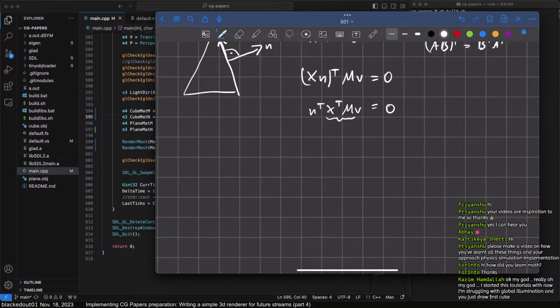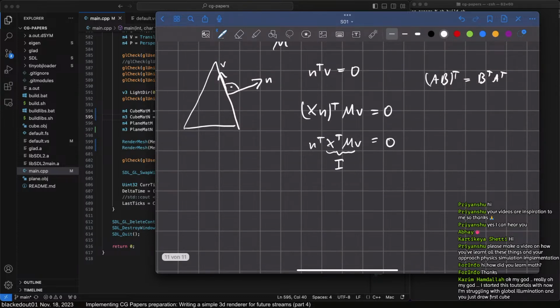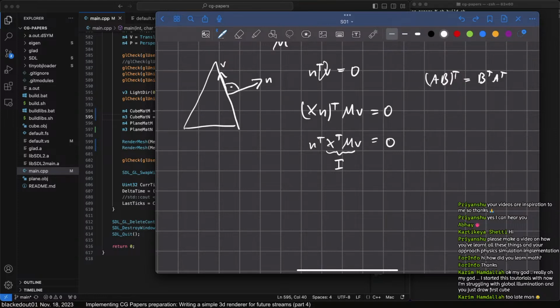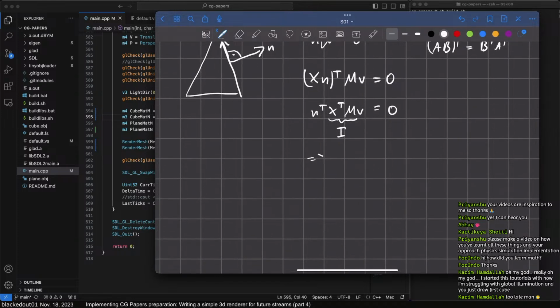So basically what this means is that this should be the identity matrix, because like here, there's nothing in between. So this must be basically nothing. And nothing in terms of matrix multiplication is the identity matrix. So what we can get from this equation is that this here must be the identity matrix.